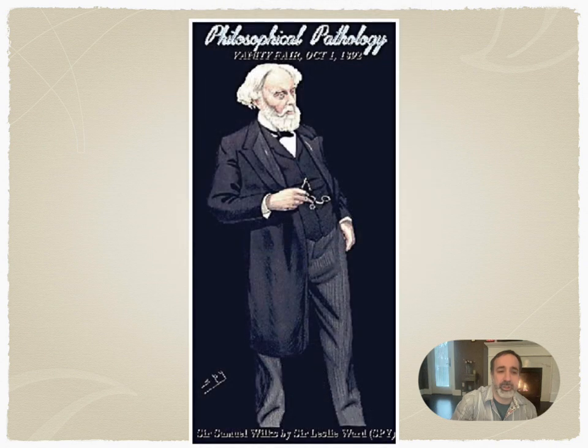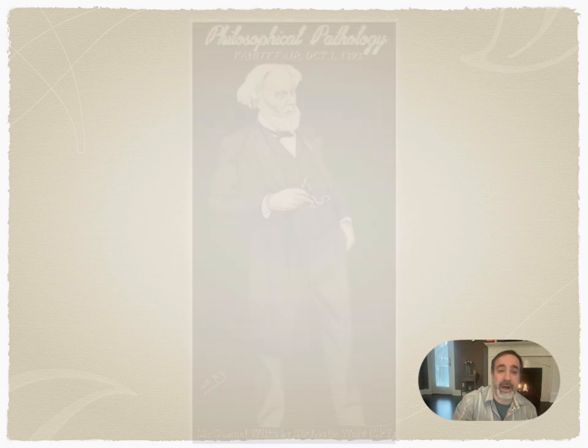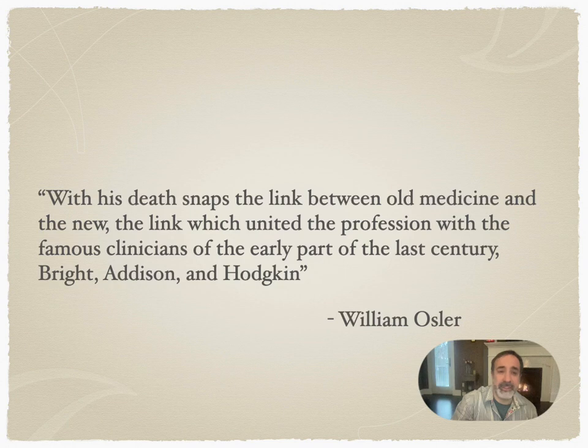One of which was our venerable friend, Samuel Wilkes. And as famed pathologist William Osler wrote, "With his death snaps the link between old medicine and the new, the link which united the profession with the famous clinicians of the early part of the last century, Bright, Addison, and Hodgkin."